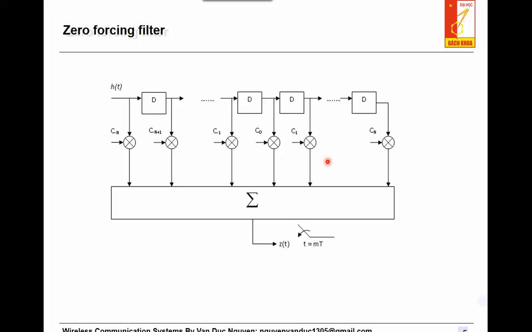The coefficients can be fixed, or they can be adaptively updated. If they are fixed, that is a normal filter, and if they are adaptively updated, then we call it an adaptive filter.